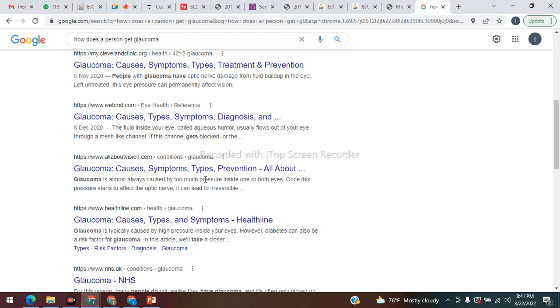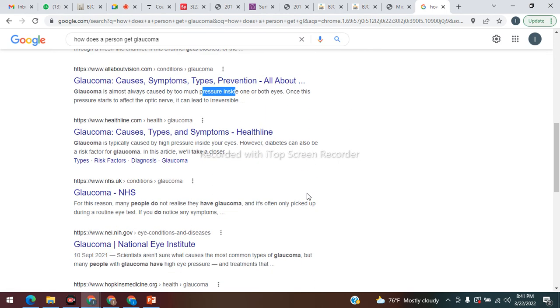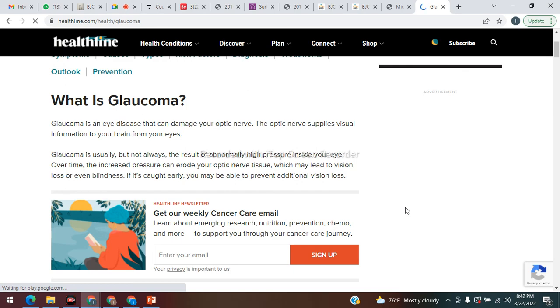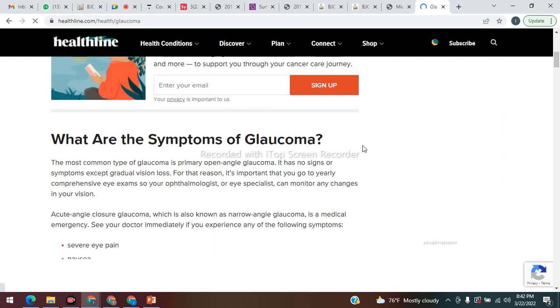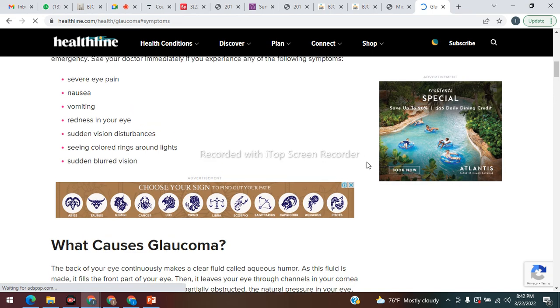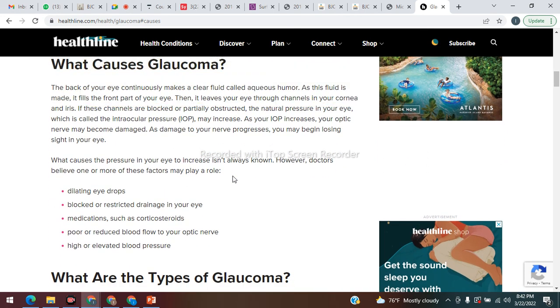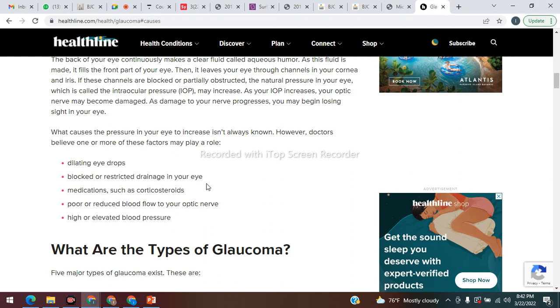How's that possible? Too much pressure. High pressure. Maybe if you have diabetes, it could lead to that. I know diabetes affects your foot. If you ever see people who have diabetes, they're kind of blind too. So what causes glaucoma? Medication.